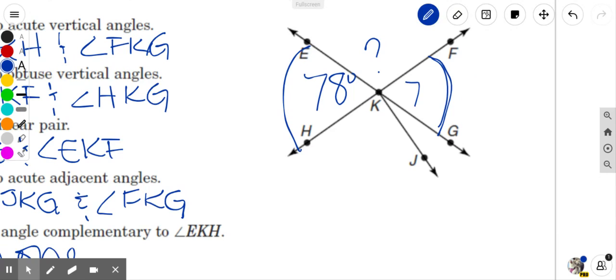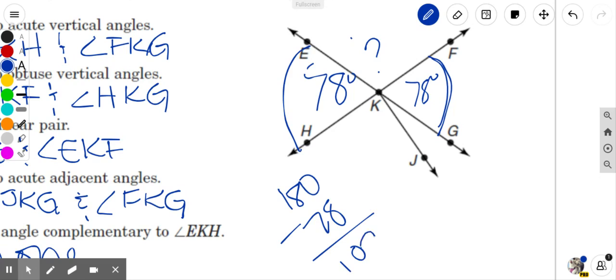So this one would be 78. And then to find EKF, these two here are a linear pair, EKH and EKF. So if I do 180 minus 78, that would give me 102, and that would be this one, EKF, because they make a linear pair.